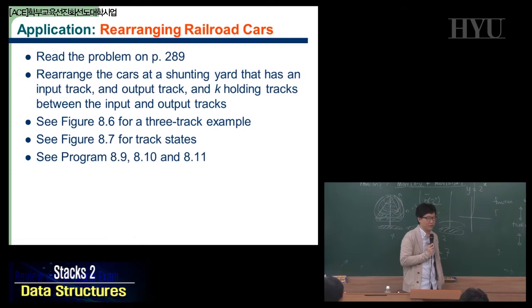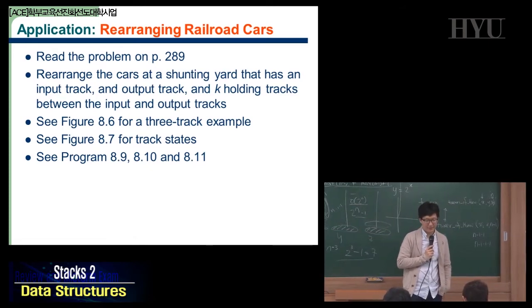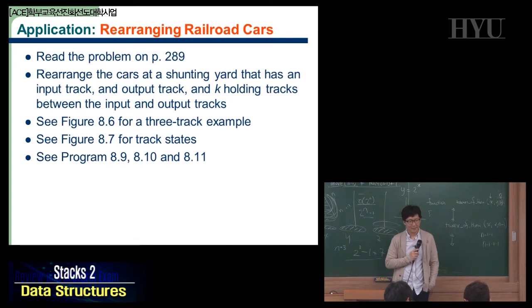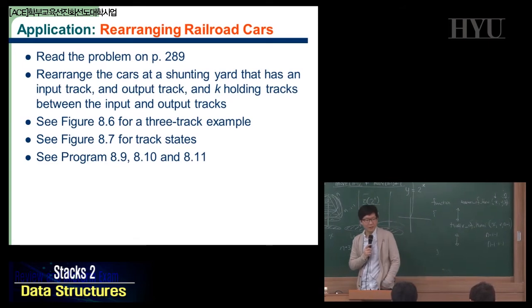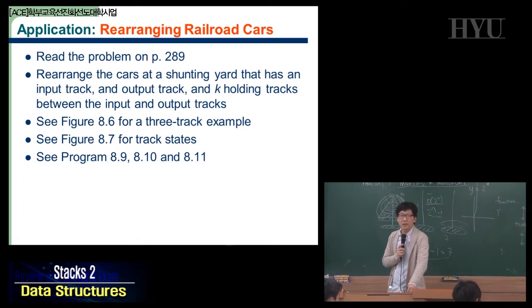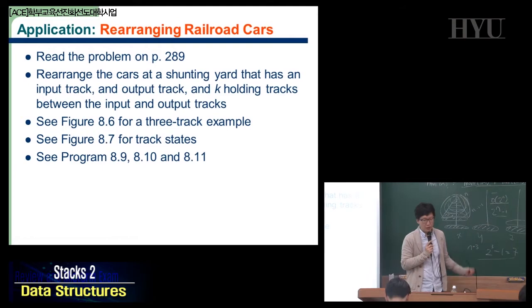Can you check and see? Is it there? Do I have the right page number? Okay.